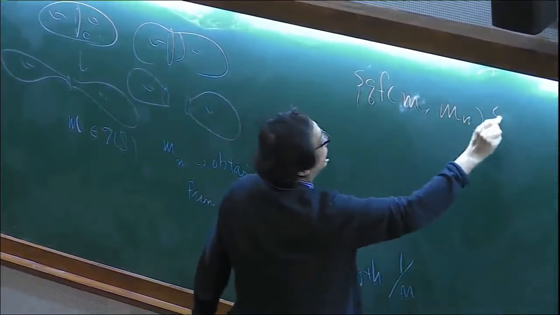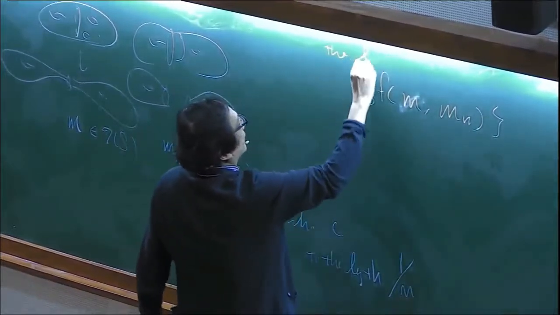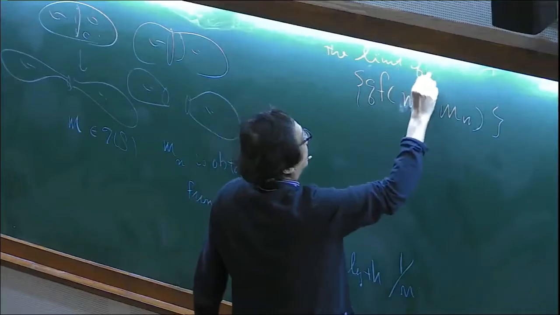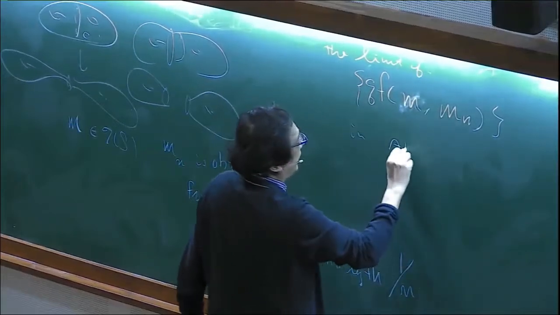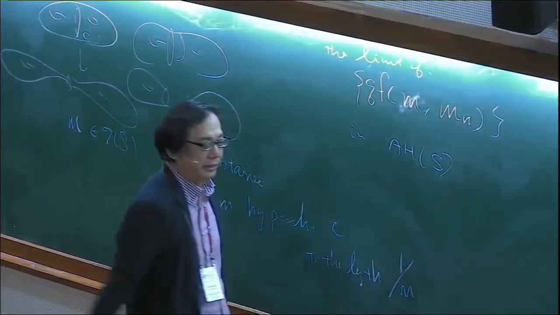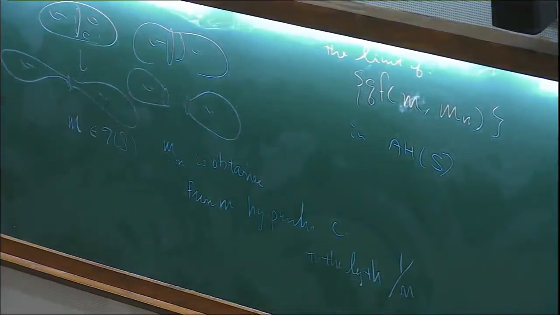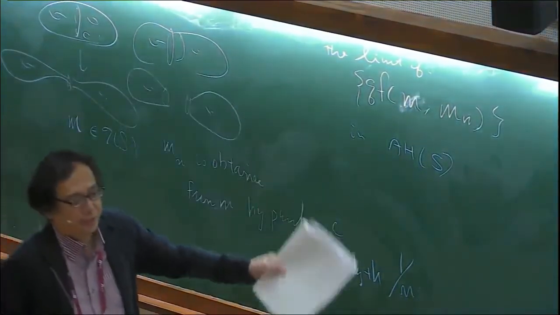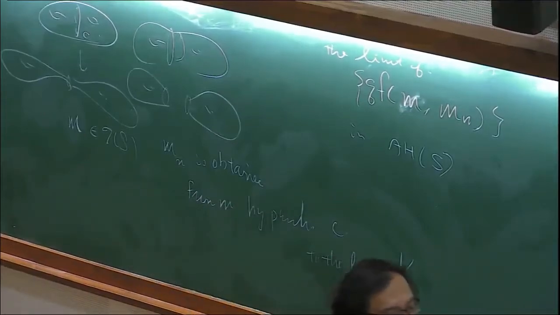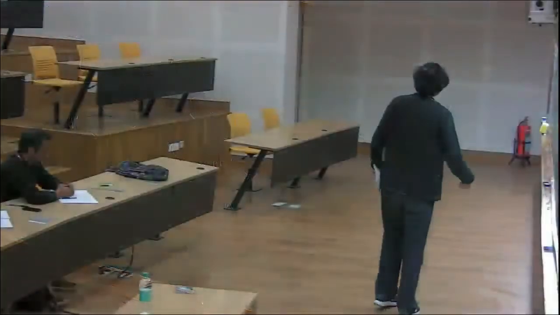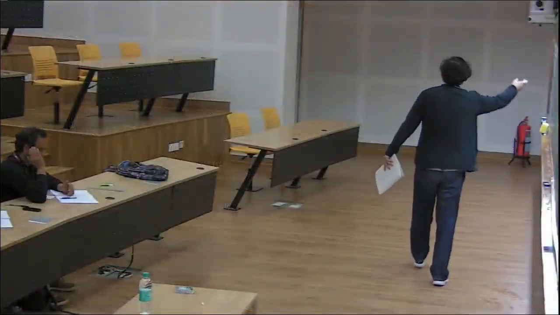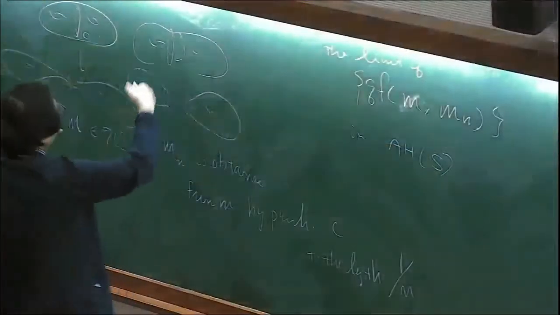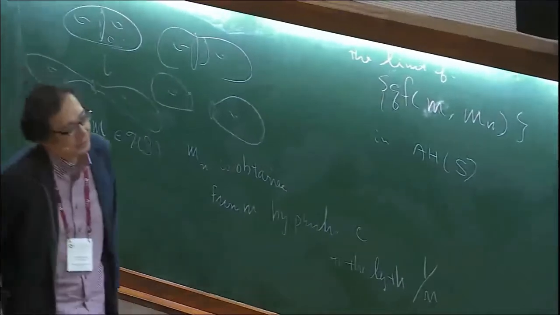Then we consider the limit of this one in AH of S. So this is the algebraic limit, what I call algebraic limit. Then what you get is quite similar, or in a sense quite the same as the one which we obtained from the twisting.